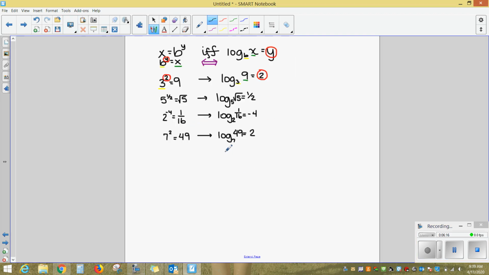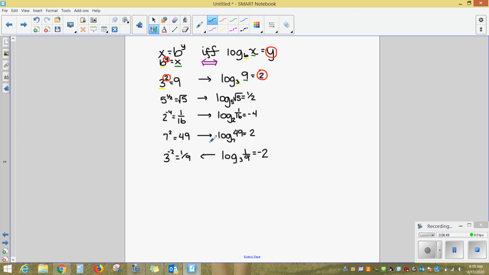So let's do some going in the other direction. If I have log base 3 of 1/9 equals negative 2. Now going backwards, I know the base of my logarithm is the base of my exponential. I know across the equal sign, that's my exponent, equals the stuff inside.